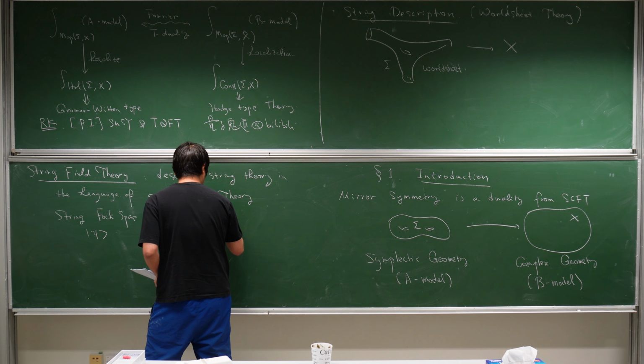So by Zwiebach in 1997, he basically extended this theory to open string, incorporating the open string field by A infinity algebra. And when they are coupled together, they satisfy a version of the open-closed quantum master equation.